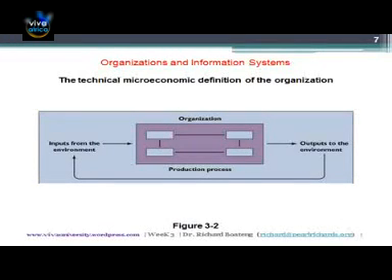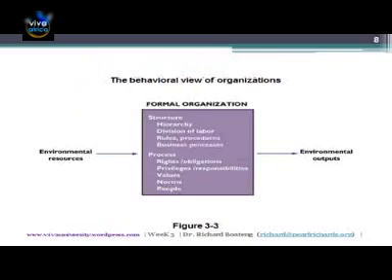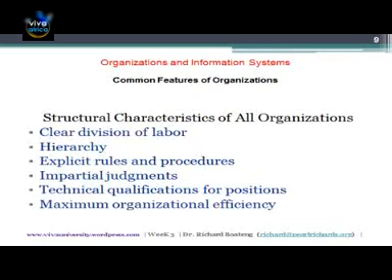So from a technical perspective, inputs are picked from the environment, they go through a production process, and then there's an output. So here the whole idea is that the inputs go through a production process. In the behavioral perspective, the input, being environmental resources, goes through the structure and the processes that can influence it to become an environmental output.